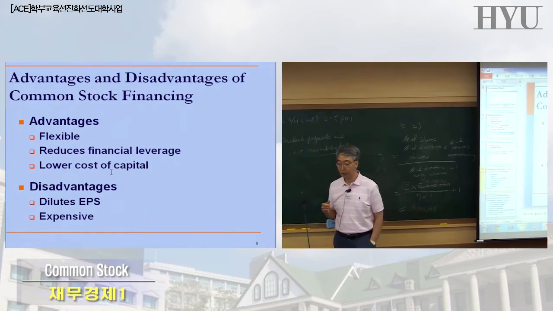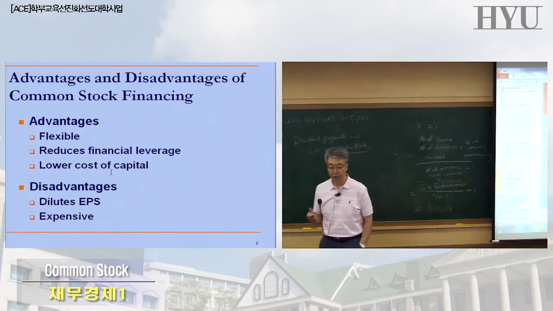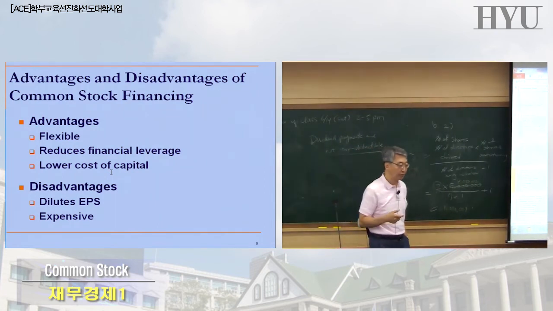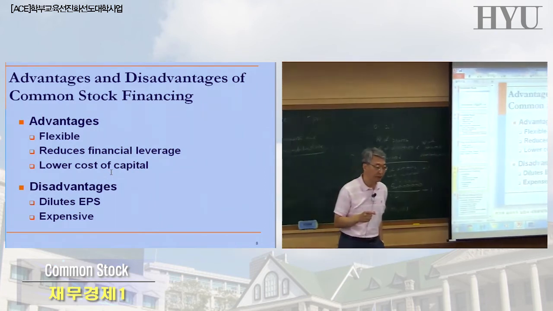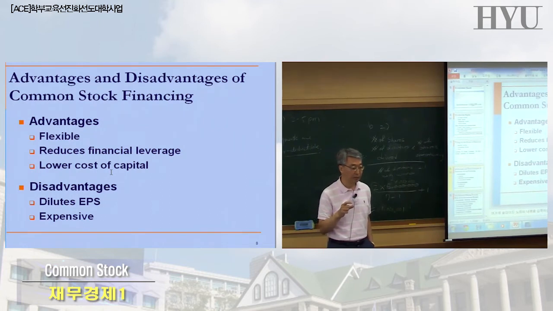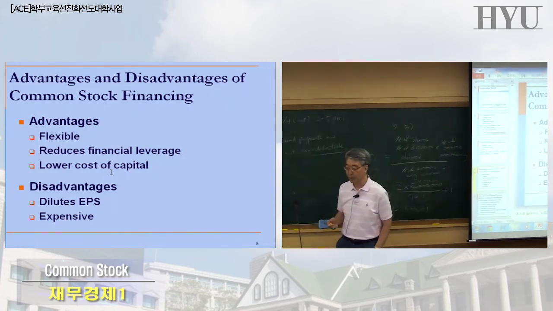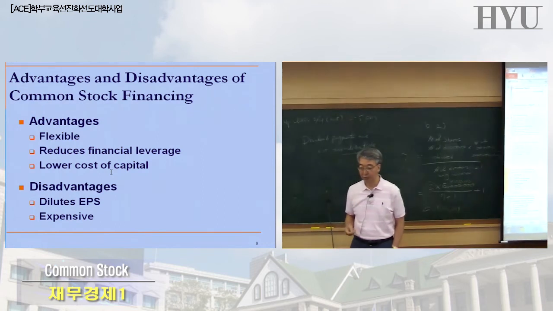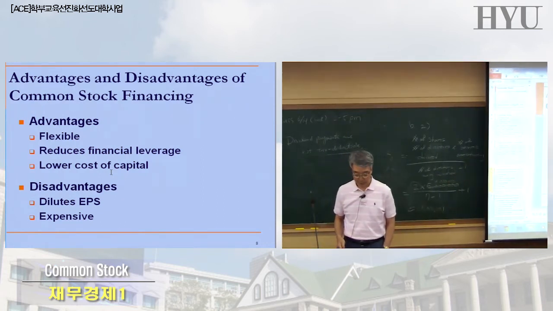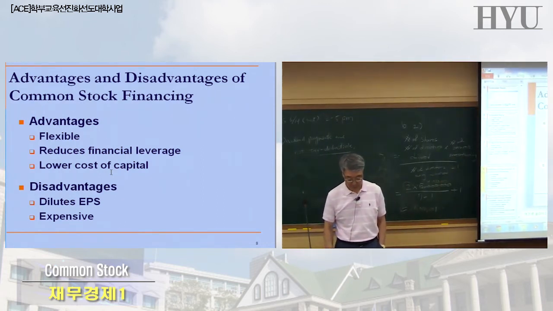So when you issue bonds to raise capital, and when you make the interest payment every 6 months, you can deduct that cost from your profit. So that reduces your tax obligation. Okay? But when you pay dividends on common stock, those costs are not tax deductible. Okay? So in that sense, it is a little bit expensive.